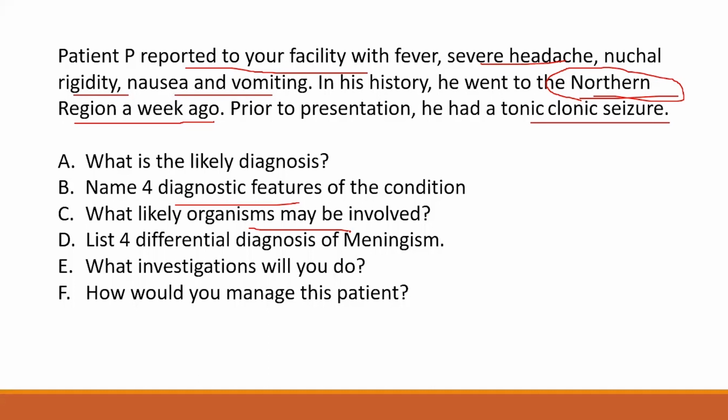Then you can give IV antibiotics, especially ceftriaxone. And of course, you can add ampicillin to it as well. Then you might want to control the fever with antipyretics, like paracetamol.